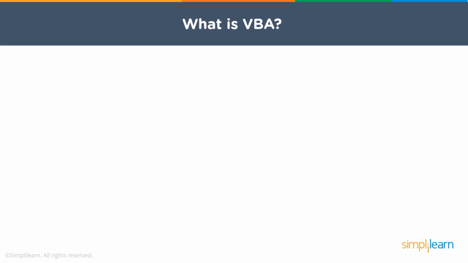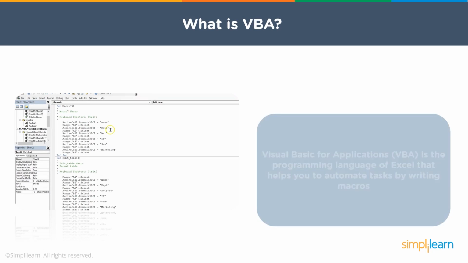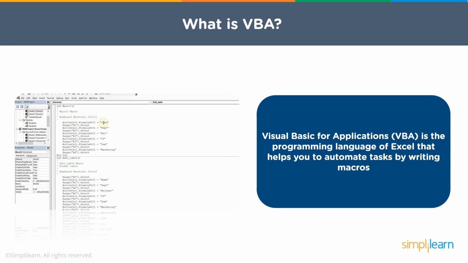So here we are. What is VBA? Visual Basic for Application. It is basically a programming language that is used for macros in Excel, and it helps you automate tasks by writing macros.